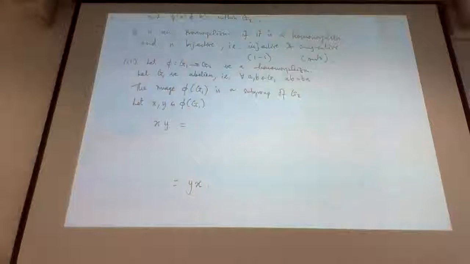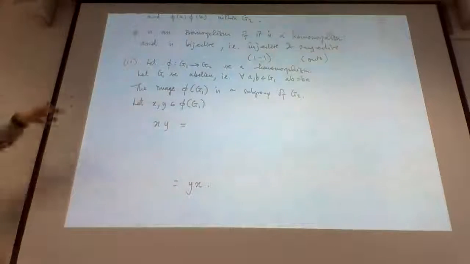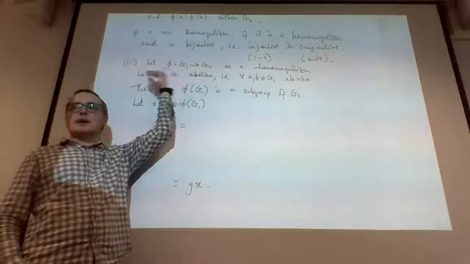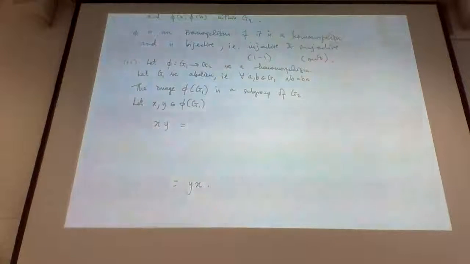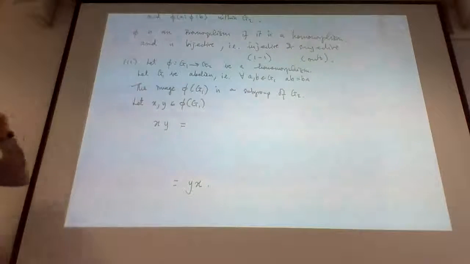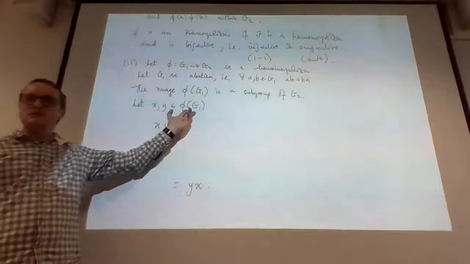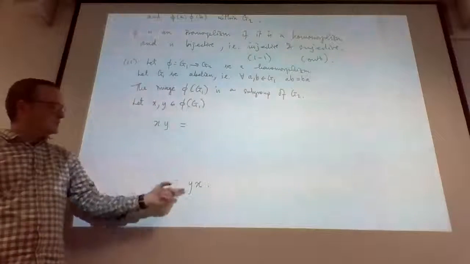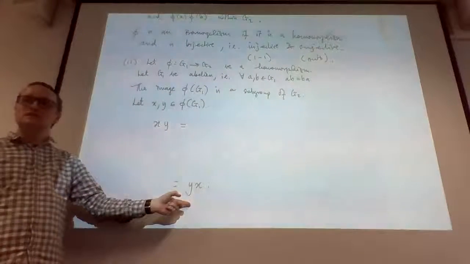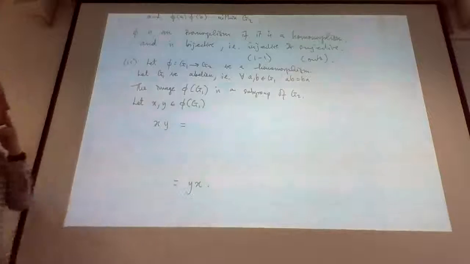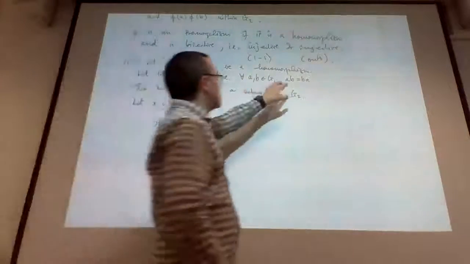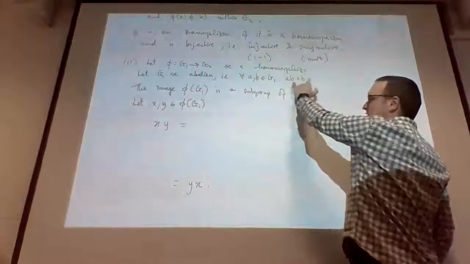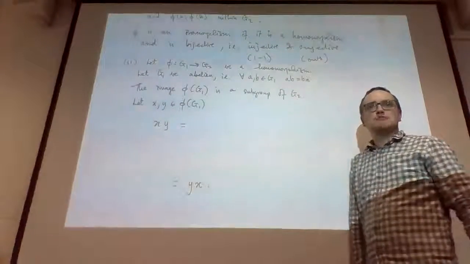If phi is bijective, then it would be phi inverse going the other way. But the question asks us to prove that phi of G1 is abelian. So that means we have to be able to show this equality for any x, y. And it's obviously going to use the abelian property within G1. Okay.